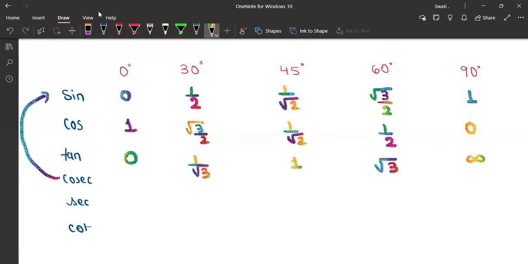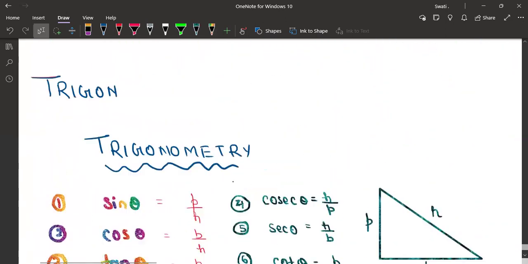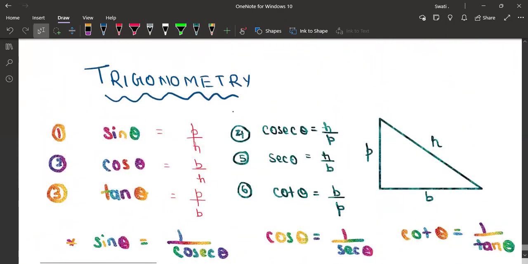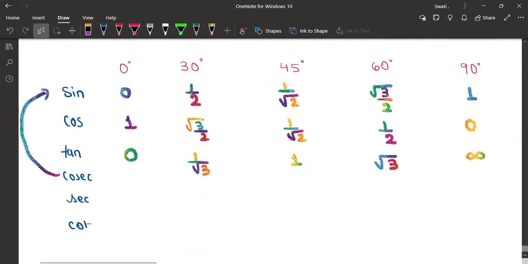We had written it on the top also that cosec and sine are reciprocal. So cosec will be exactly the reciprocal of the sine. That means whatever are the values for sine, just reciprocate it and give me the answer. So tell me, what will be cosec 0?